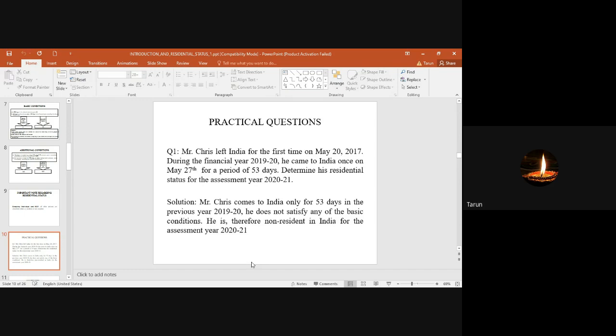Now come back to the basic conditions. We want to know whether Krish is a resident of India or not. He has spent only 53 days.